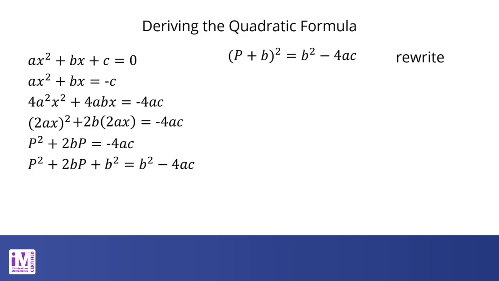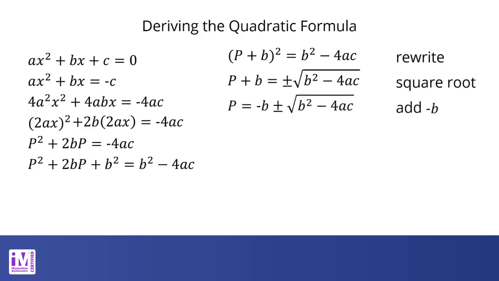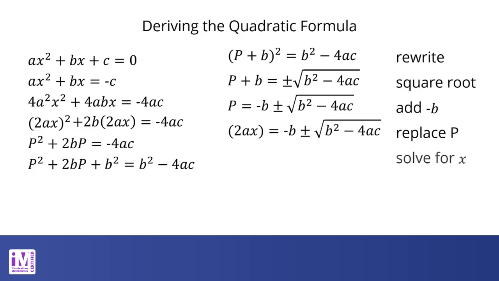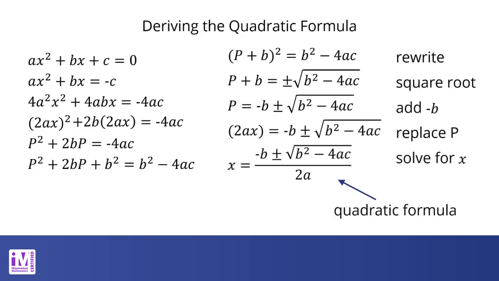So, p plus b must be the positive and negative square roots of the expression on the right. Let's isolate p by adding negative b to each side. Now we can write 2ax in the place of p and solve for x. The solution is the quadratic formula.